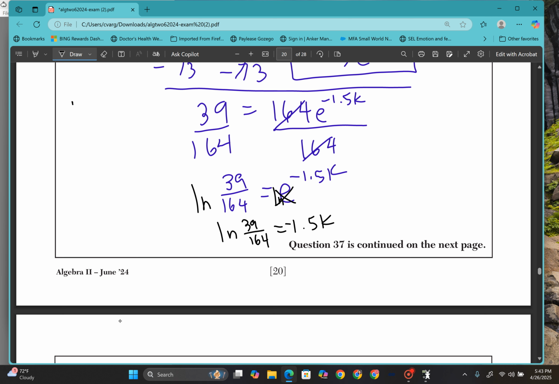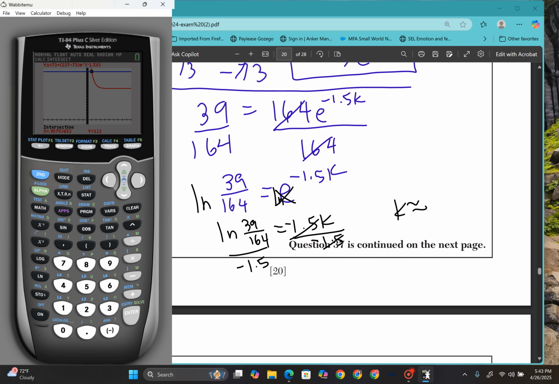To get the k by itself, I divide both sides by negative 1.5, and now I'm left with k is about, and this is something that I can go to my calculator for, right? It should give me the same exact value. So I have alpha y equals option number 1, right? I'm going to put in ln of, get our fraction again.